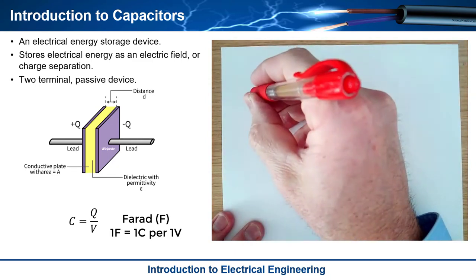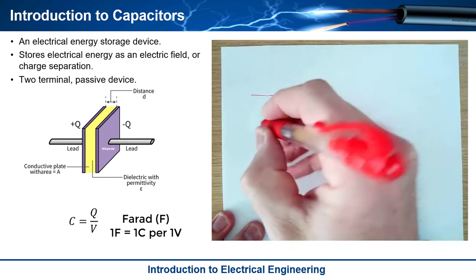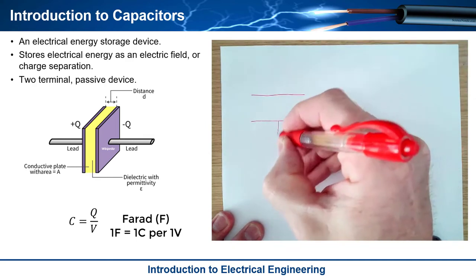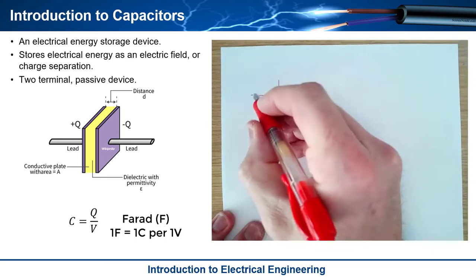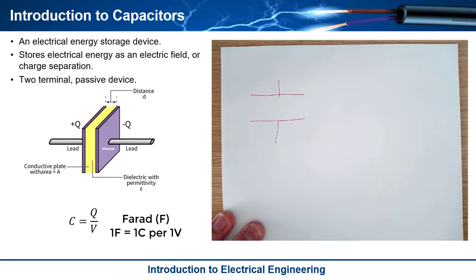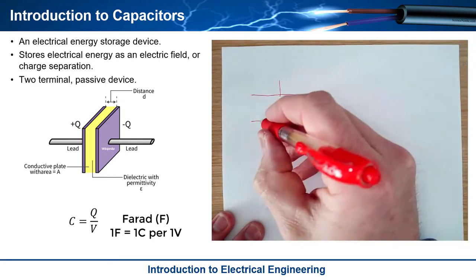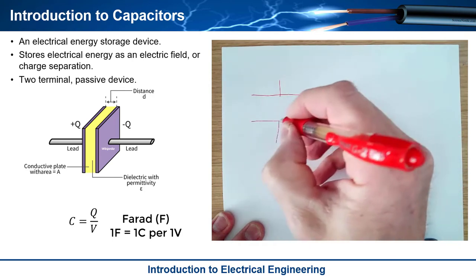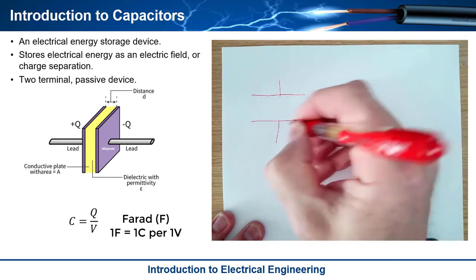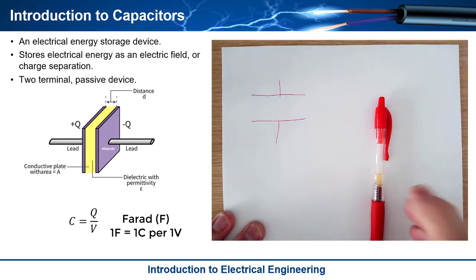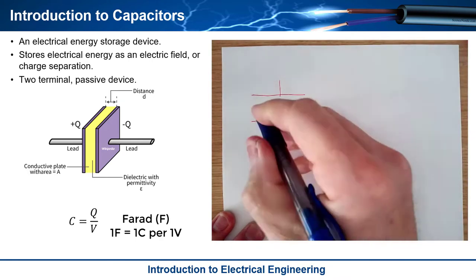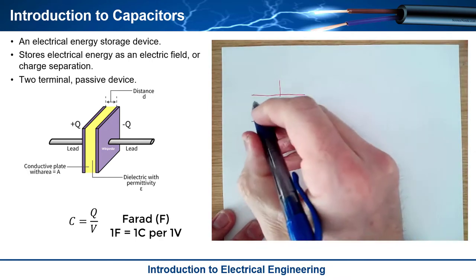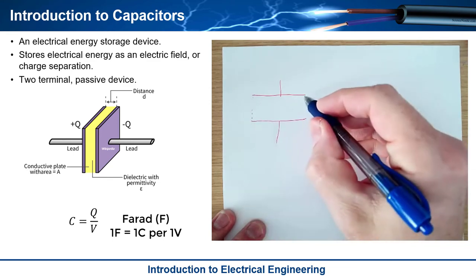In the simplest form, a capacitor is two parallel plates, which are conductors. These are ideal conductors, so they absolutely can be charged up with positive or negative charge, and they can take on a lot of it. But then between the two conducting plates, you have an insulator.